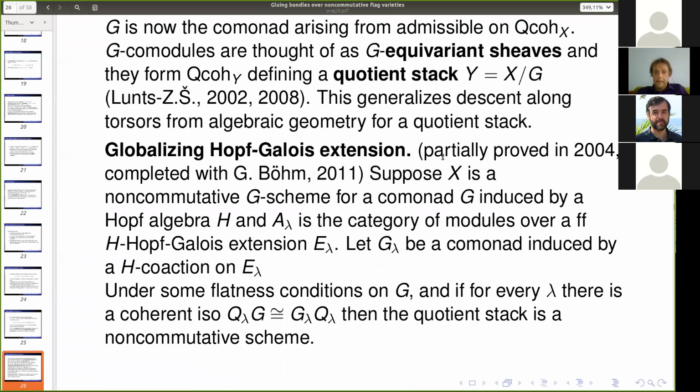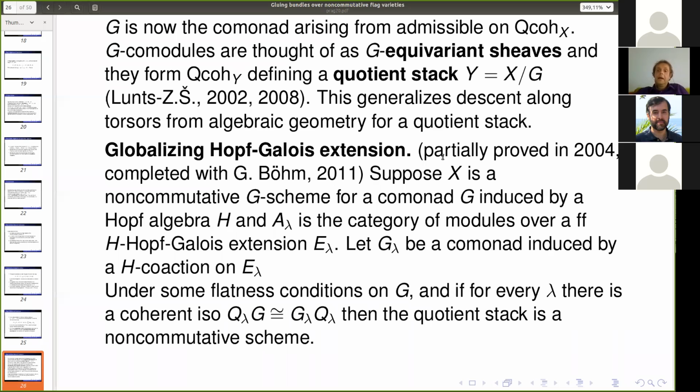Gabriela Bem helped me in 2011 to fulfill my dream from 2004, when I had some failure in one part of the proof, to prove that if you start with the non-commutative scheme of Rosenberg, together with the G action, such that locally on each of the open sets, on each of the affines, you have a Hopf-Galois extension.